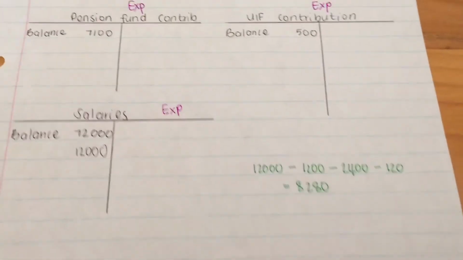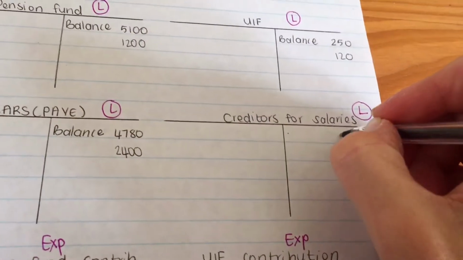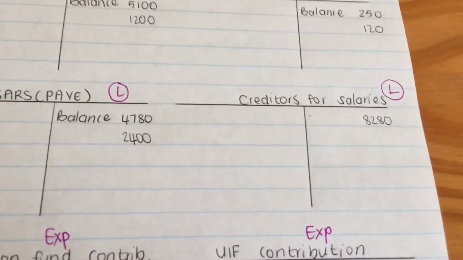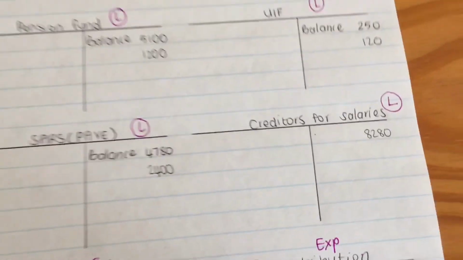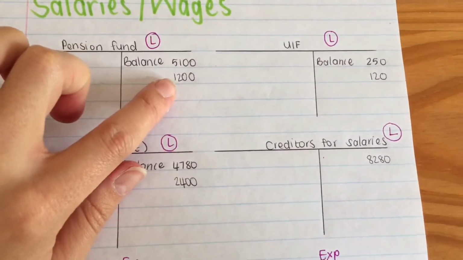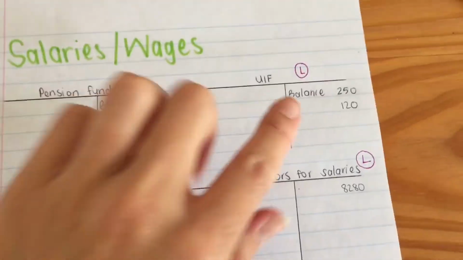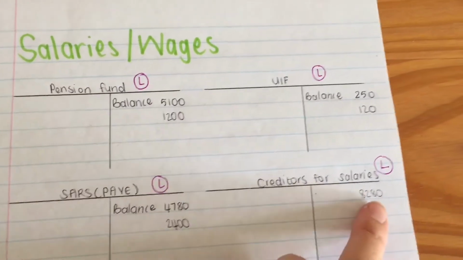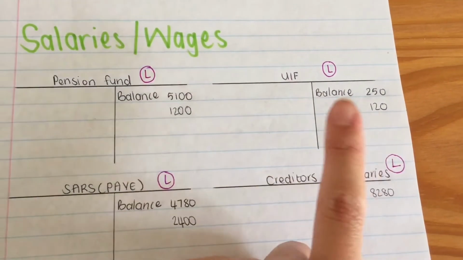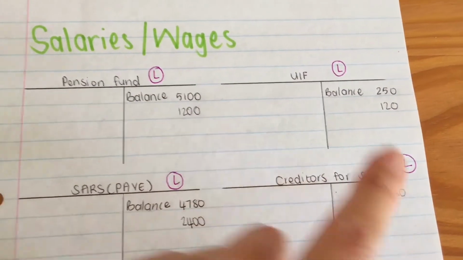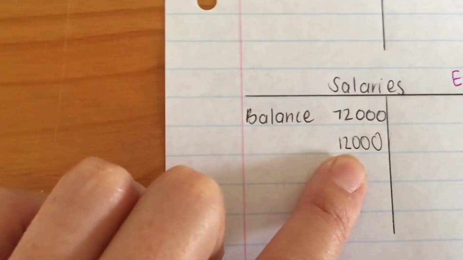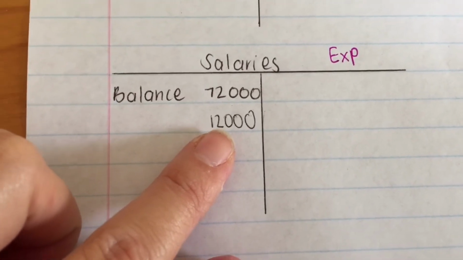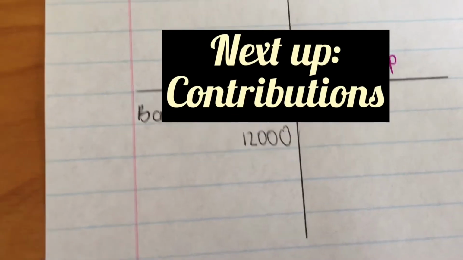That is the amount that I owe my employee, and 8,280 will go on the credit side of creditors for salaries. So that amount plus the 2,400 plus the 1,200 plus the 120, that's all my deductions, plus the net salary. So those 4 amounts on the credit side equals 12,000 rand, and over there I've got 12,000 rand on the debit side.